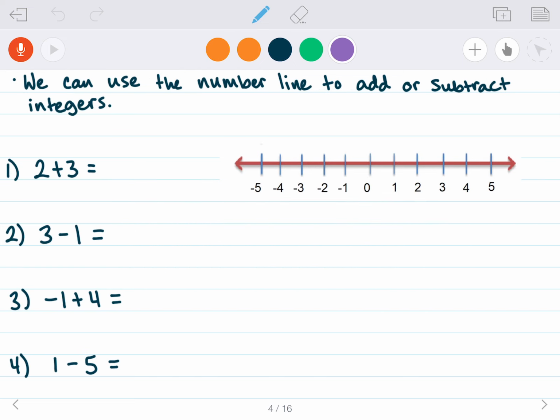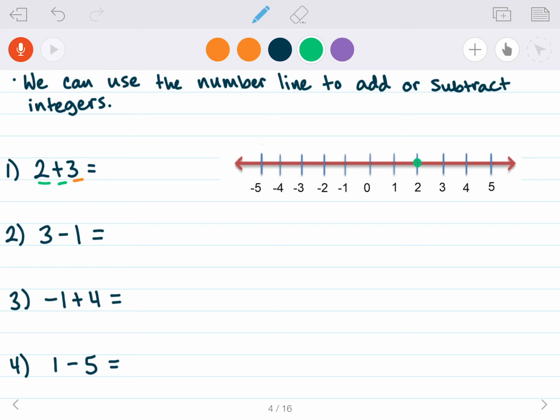So we can use the number line to add or subtract integers. Number 1, you guys are probably pretty familiar with this. The plus sign means to go to the right, and the minus sign means to go to the left. So what we're going to do is start at 2, that's our first number here, and move to the right, indicated by the plus sign, 3 units.